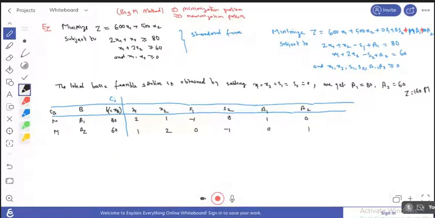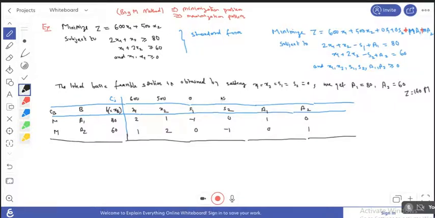Okay, and here if we multiply, the quotient of this is 600, here is 500, this is 0, this is 0, and here M and M. Okay, so if we try to find the value of zj, here z equals 140 M.